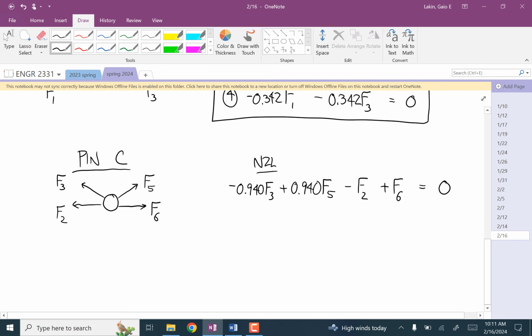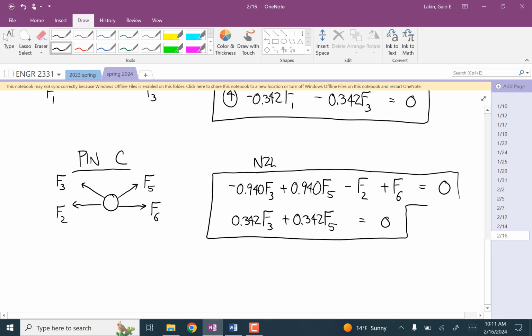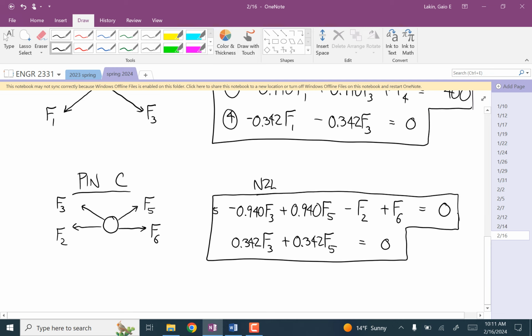And then positive 0.342 F3 plus 0.342 F5 is equal to 0. This is equation 5 and equation 6.